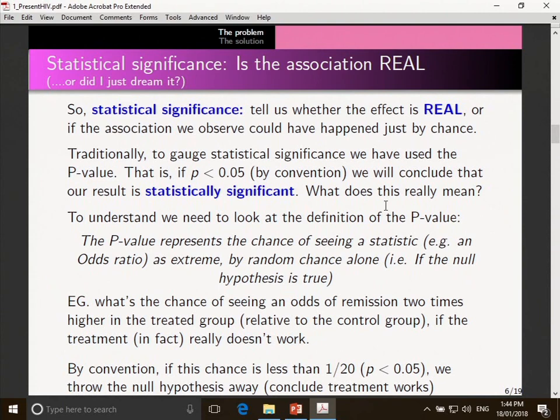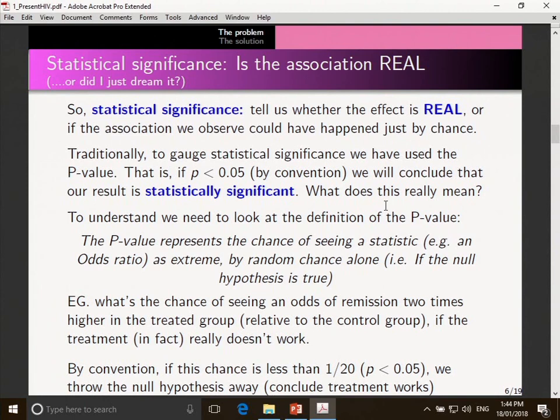So what is a p-value? A p-value represents the chance of seeing a statistic, for example, an effect size, as extreme by random chance alone. That is, if the null hypothesis is true. So, for example, what is the chance of seeing an odds ratio of remission 2 times higher in the treated group relative to the control group if the treatment really doesn't work at all?